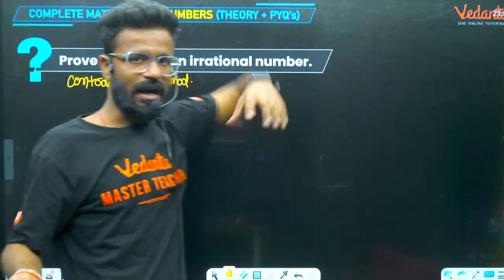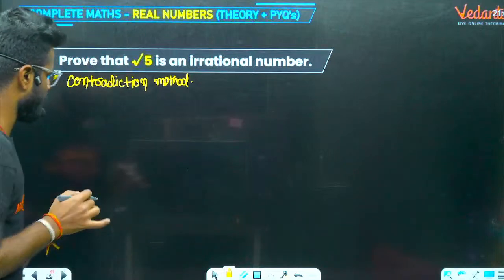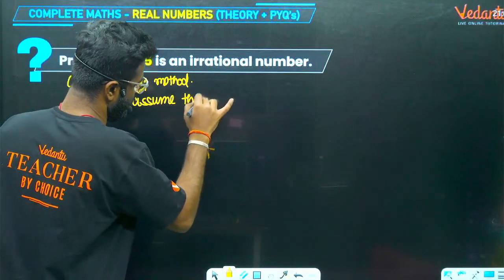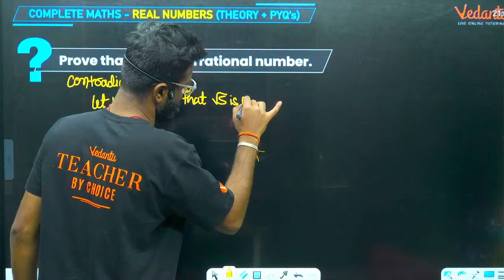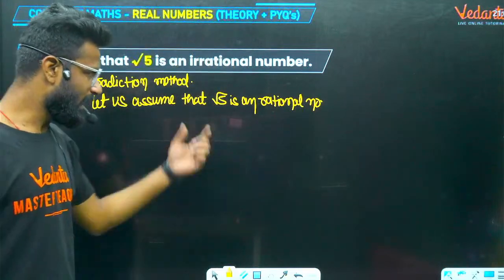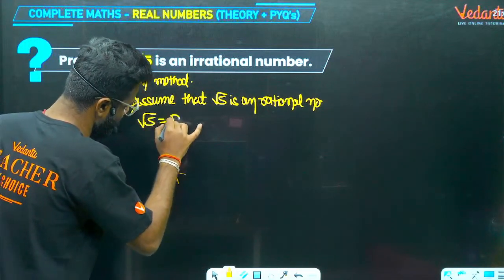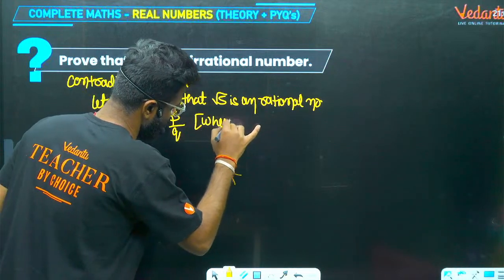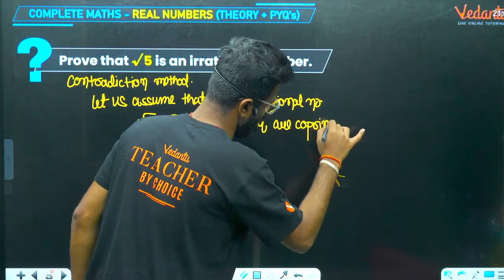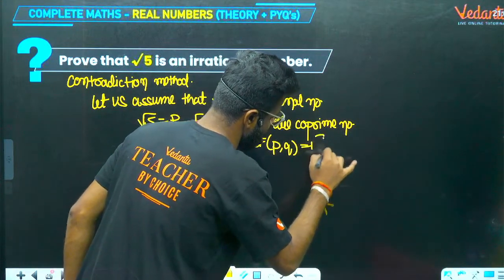Let us assume that root 5 is not irrational, but a rational number. And we know that if it's a rational number, then it's always in the form of P by Q, where P and Q are co-prime integers, which means the HCF of P and Q is equal to 1.